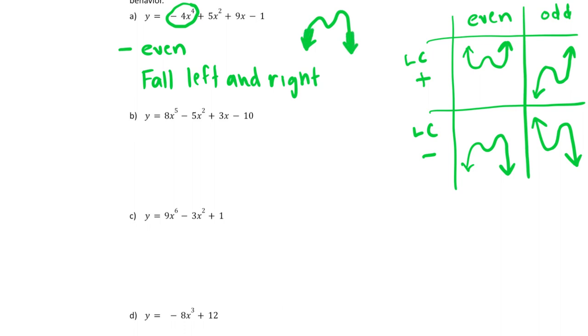That's all you need to be able to do. On B here, there's my leading term. So this is positive and odd. So that means that we are falling left, rising right.